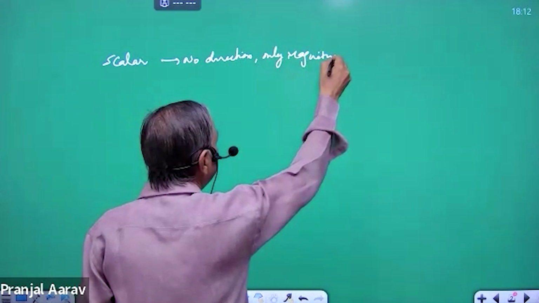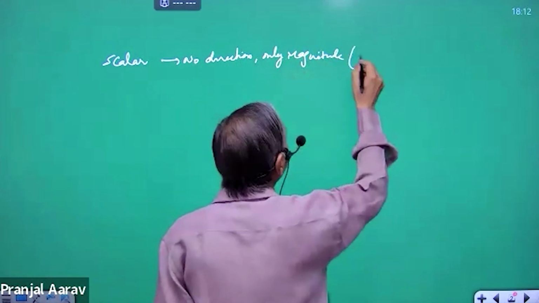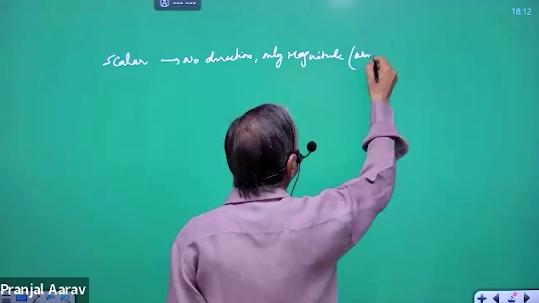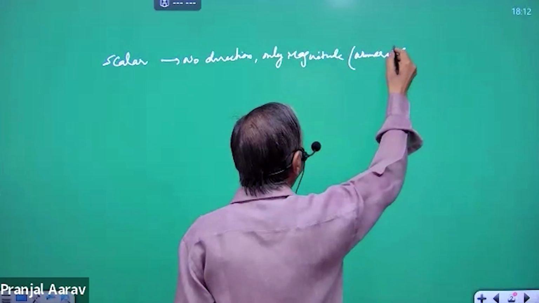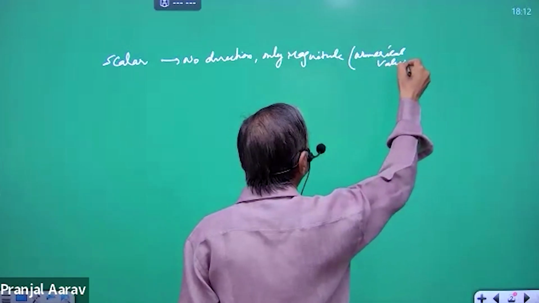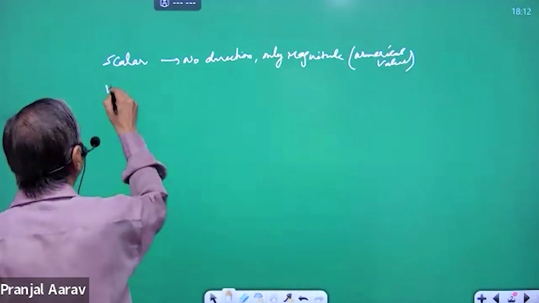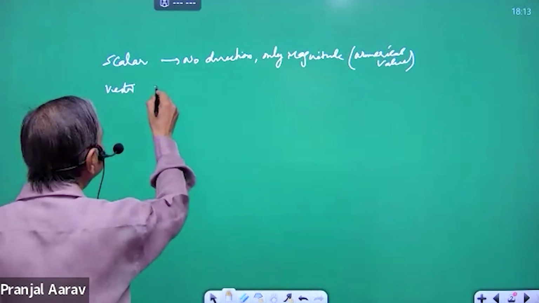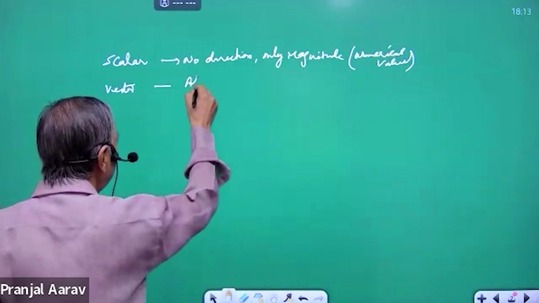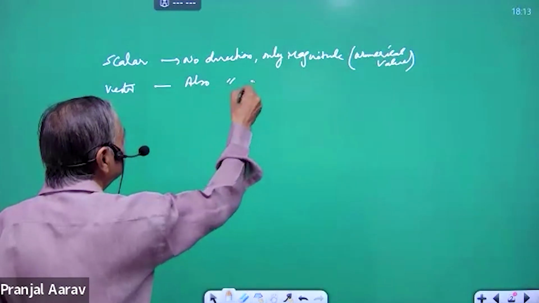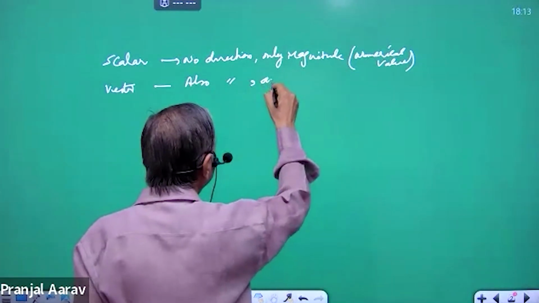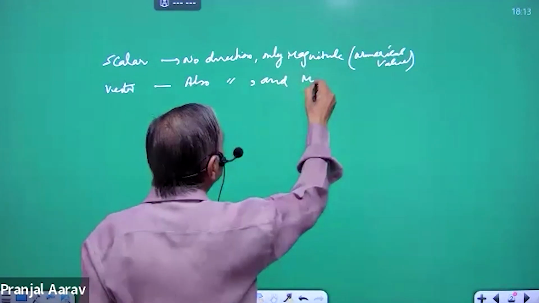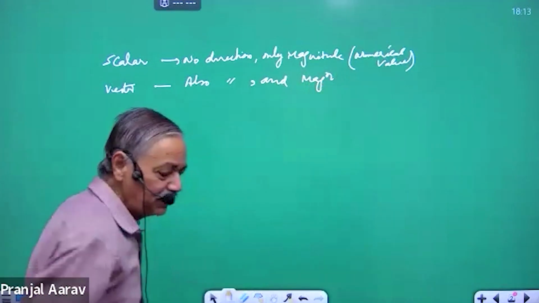Magnitude has another name, that is numerical value. Okay. Vector. What is the difference between vector and scalar? Also direction, and magnitude. You are getting my point?